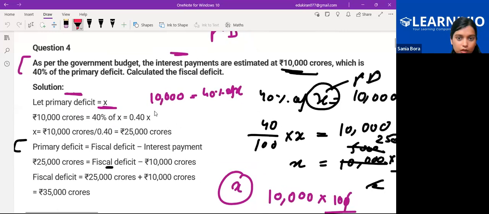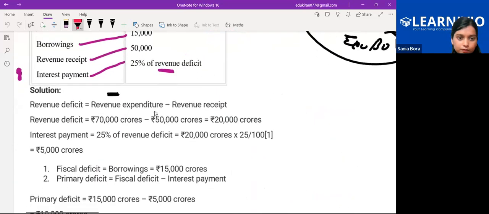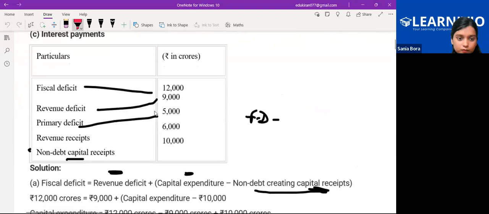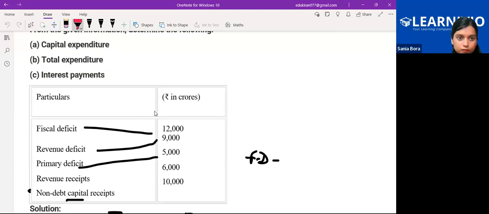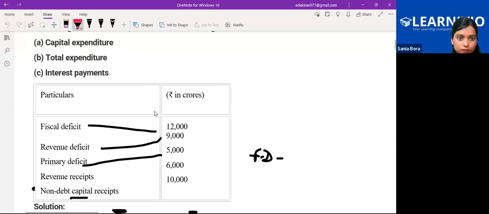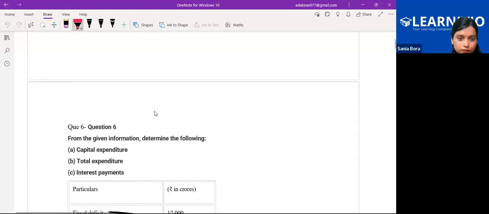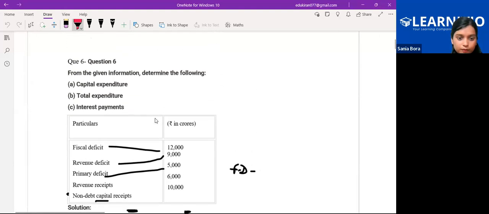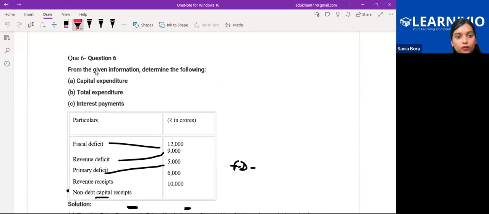Okay. So now this one. Following the given information, determine the following. You have to find capital receipt, total expenditure, and interest payment. So now I have already given you the formulas. Wait, ma'am, I have to take my notebook.